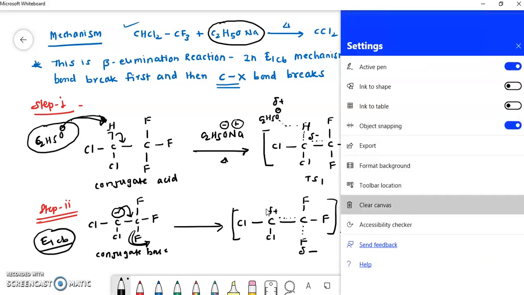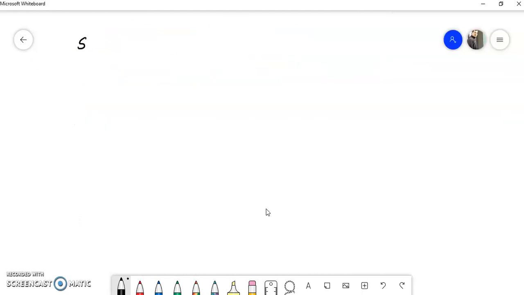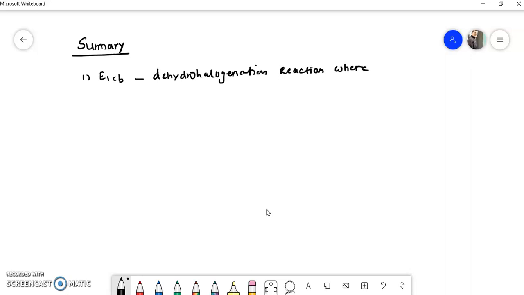So I will summarize finally what we have studied in this video. In summary, what is the E1CB mechanism? It is a dehydrohalogenation reaction where the reactant has strong electron withdrawing groups.